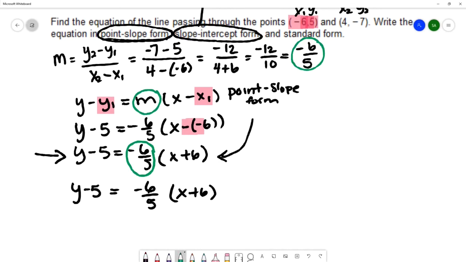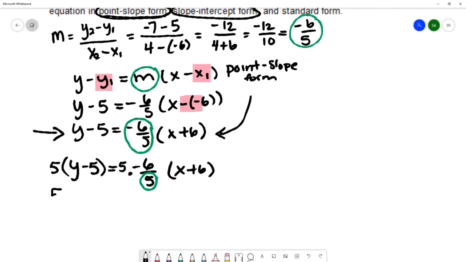The first thing I want to do is get rid of the fraction. You get rid of it by multiplying the right-hand side by the denominator, 5. Then I also need to balance by multiplying by 5 on the left-hand side.